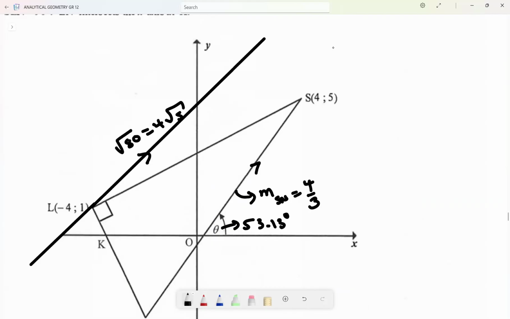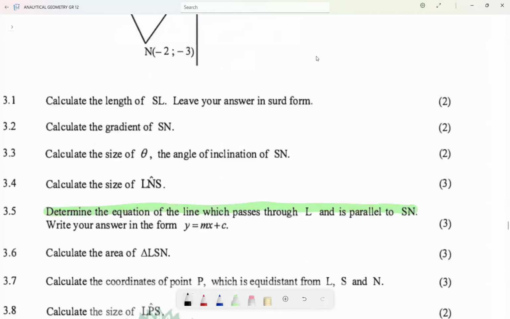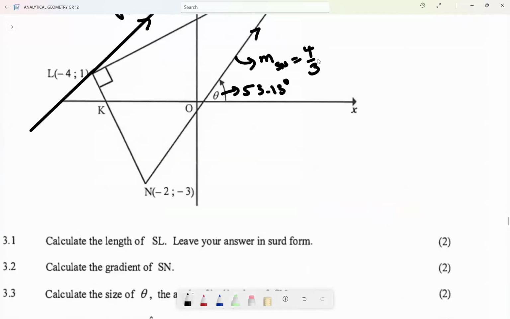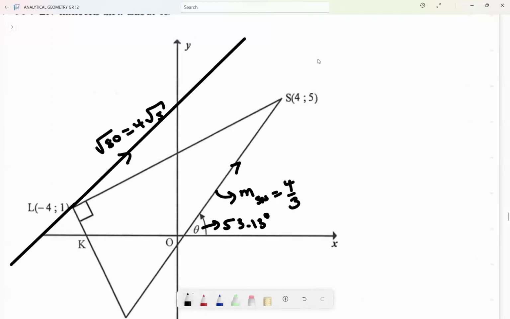I know that if lines are parallel, their gradients are the same. So to find the equation of this line, I'm going to say the gradient of the parallel line.